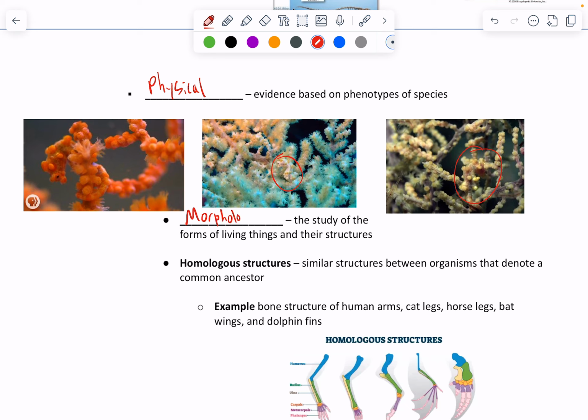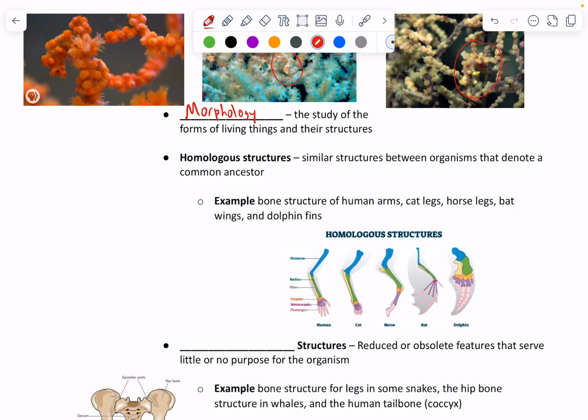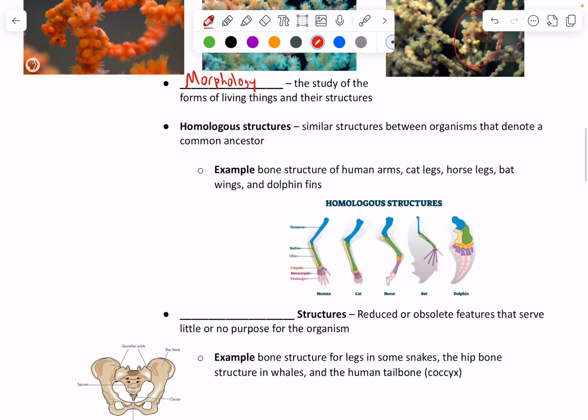So that's also not outdated, but more of a last resort, where we look at the shape of living things or their structures and compare how much of them are similar. And that leads us into homologous structures, which we've already talked about. Basically looking at similar structures in organisms to denote a common ancestor, right?